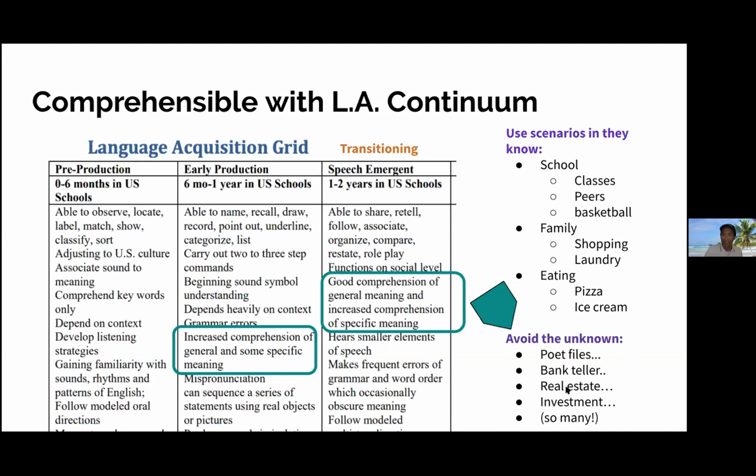And things on real estate and investment. Those are actual questions that I've seen in math questions. Unless you're going to teach those things specifically, it's better to replace them with words that they already know. Same with your web quests.